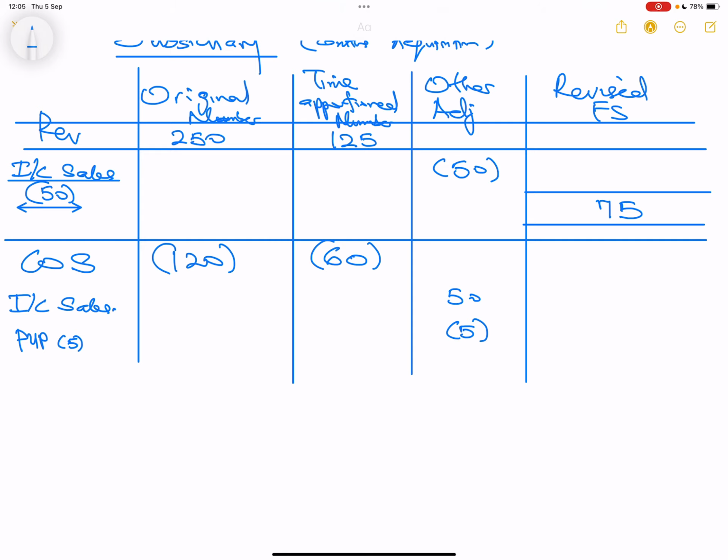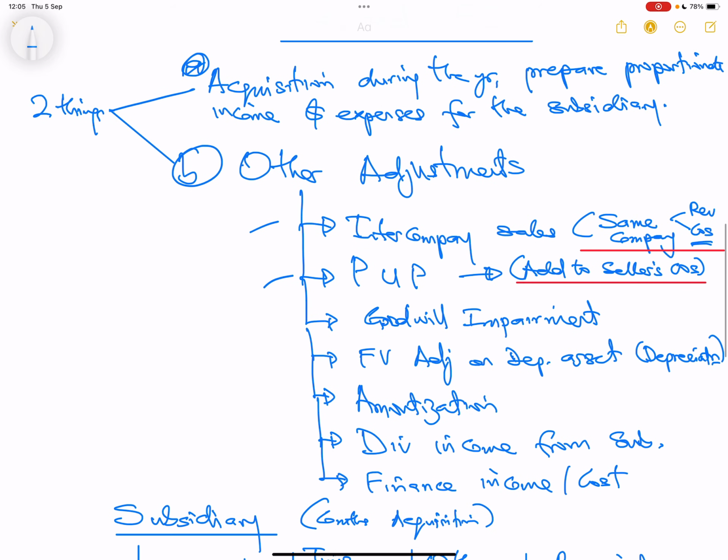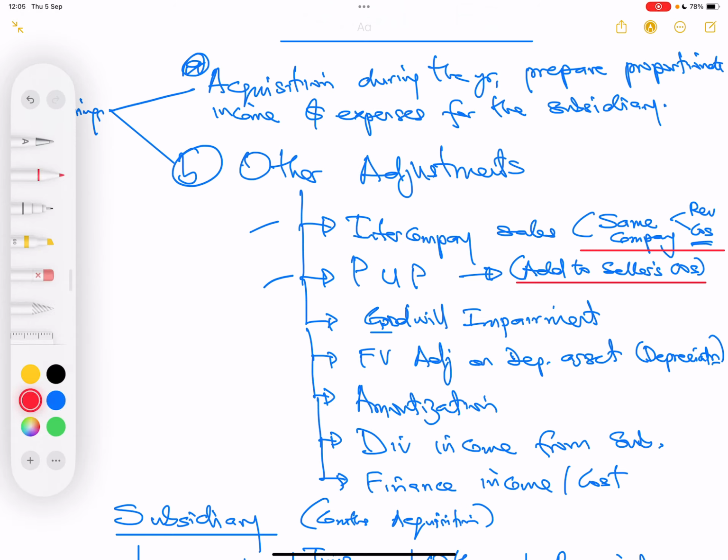Yeah, very important. Also, if there was a fair value adjustment, I'm going to come back to goodwill. If there was a fair value adjustment, and the fair value adjustment is on a depreciable asset, and this is, take for instance, an increase in fair value. What that means is that if the subsidiary has not taken that into consideration, which is going to be the situation most times in your exam questions, they will tell you that the subsidiary has not considered that in the financial statement.